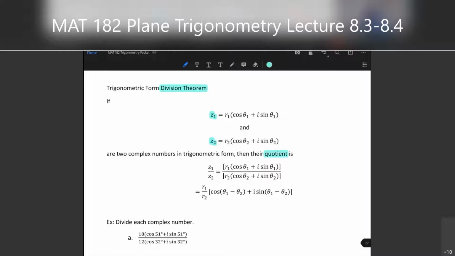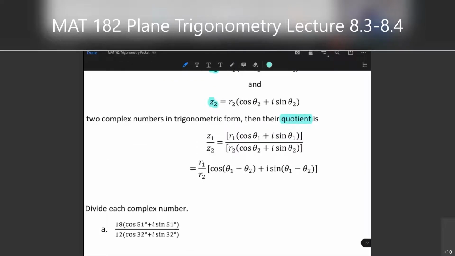And let's just take a look at how the operations unfold. We will take the quotient of the modulus, and then we have the difference of the argument. There we go. Difference of the argument.